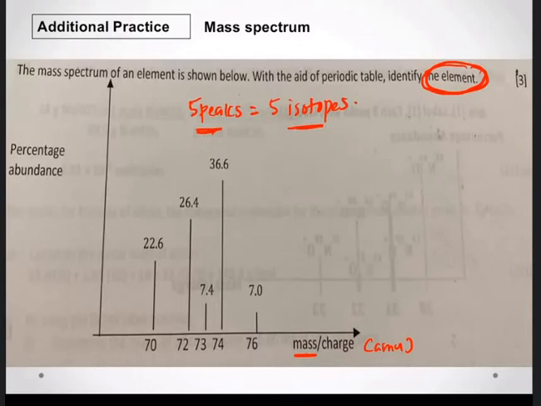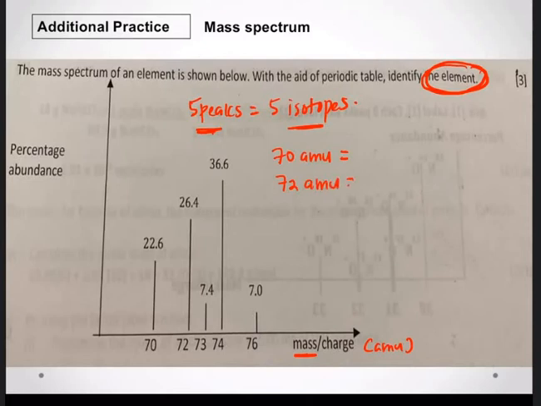Okay. And then dekat what kind of mass yang kita ada ni? Okay, look at the scale. So mass of isotope pertama kita jumpa dekat mana tu? Berapa AMU? 70 AMU. And then kita ada juga dekat 72 AMU.